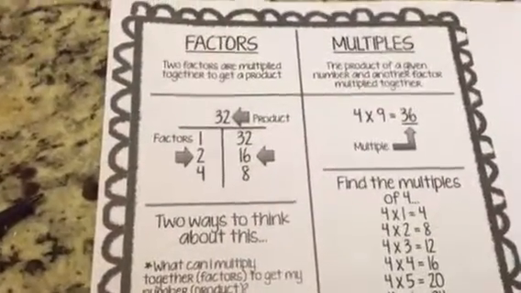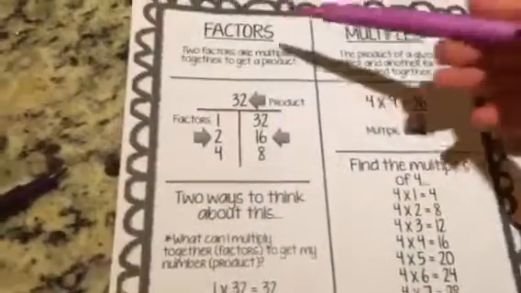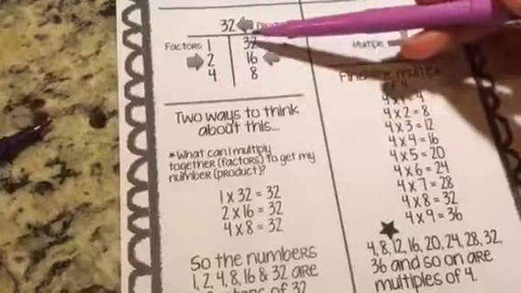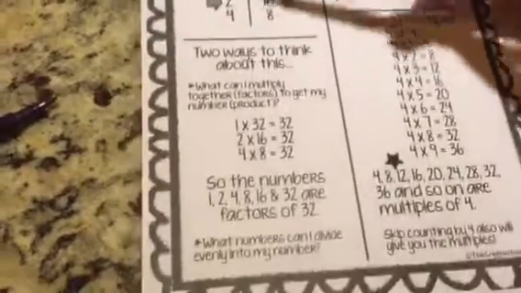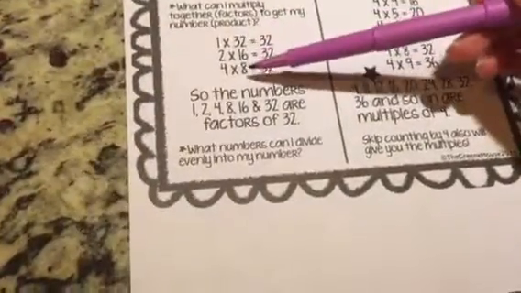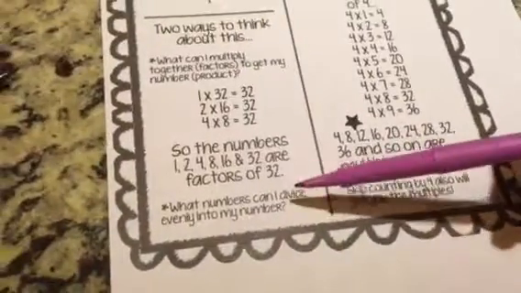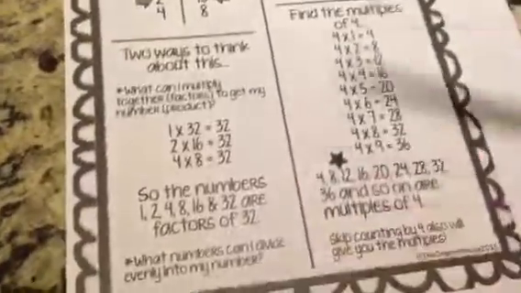So you guys now in your notebooks should have this glued in if you listened to the directions. So you should have factors. 2 factors are multiplied together to get a product. This is your product. These are the factors that go into that product. You can multiply them together. You can think about what numbers can I evenly divide into that number.